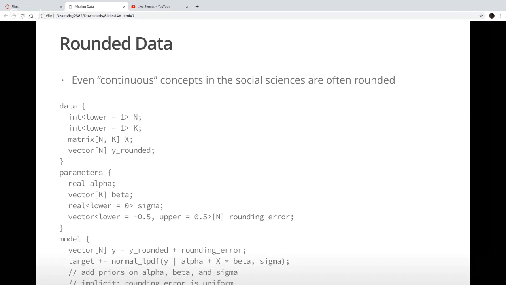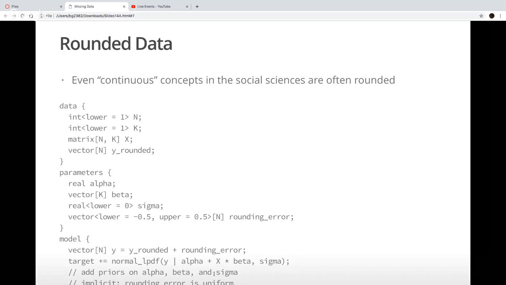So if you don't include explicitly a prior on something that you declare in the parameters block, then implicitly you're saying a priori I have uniform beliefs over the space that you define for that thing in the parameters block.